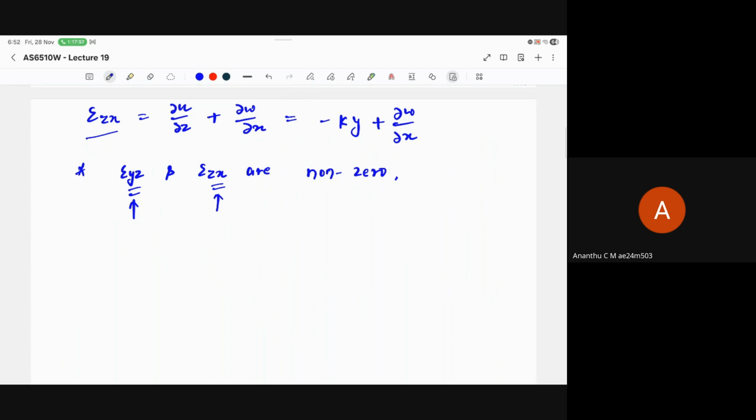Now the next part is basically to use the stress strain relationship and find the values of the stresses, and then we will use the Prandtl stress function with the help of whatever stress we get, and from there we will get the governing equation.